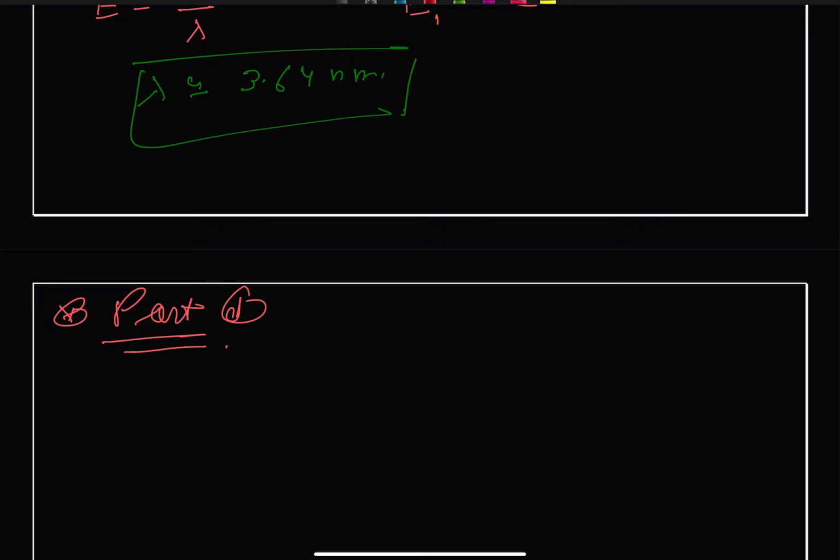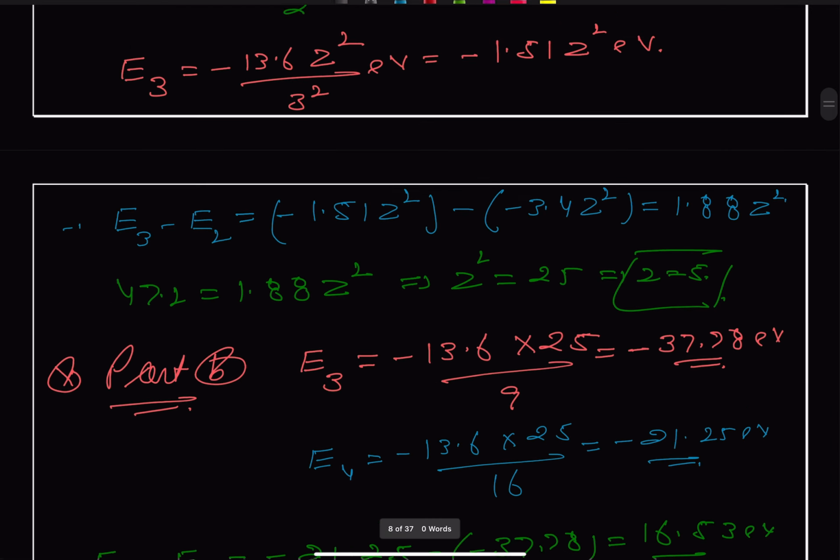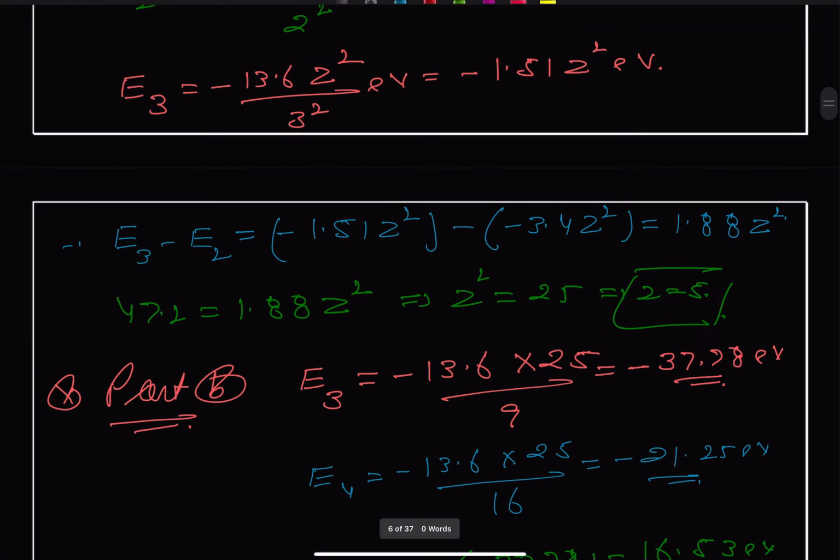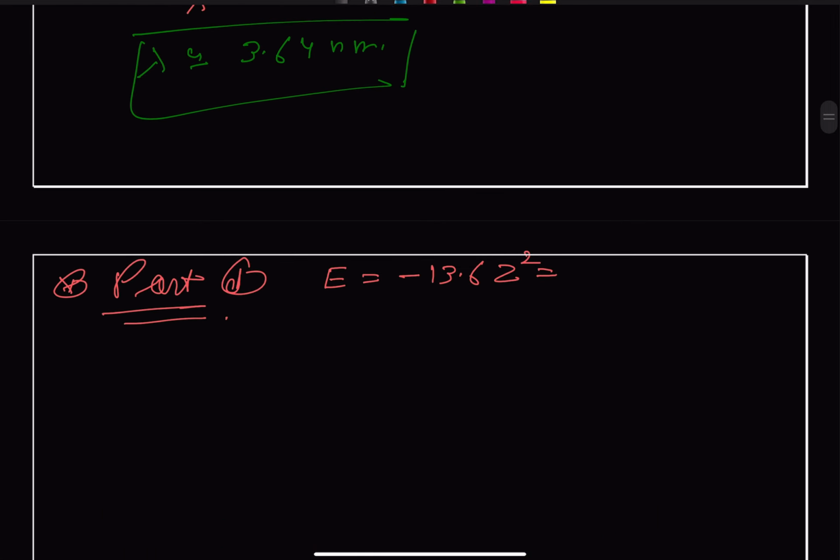First is our energy E, which we just calculated. Energy E was minus 13.6 Z square, and it is for the first Bohr orbit, so the value of n is equal to 1, divided by 1, which we get as minus 340 electron volt.